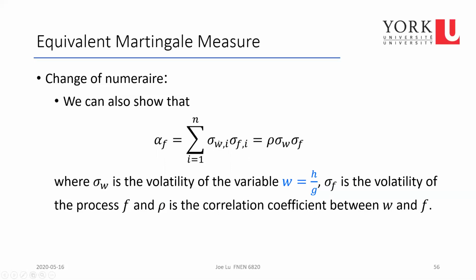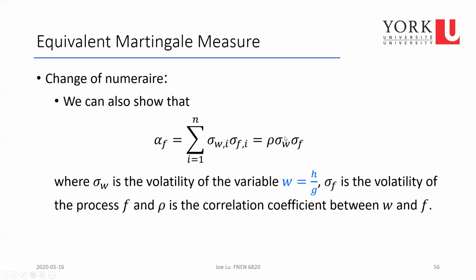But make sure there's a difference between sigma Wi and sigma W. Sigma Wi is the volatility of W for each risk factor I, or random factor I. Here, this is the total change.